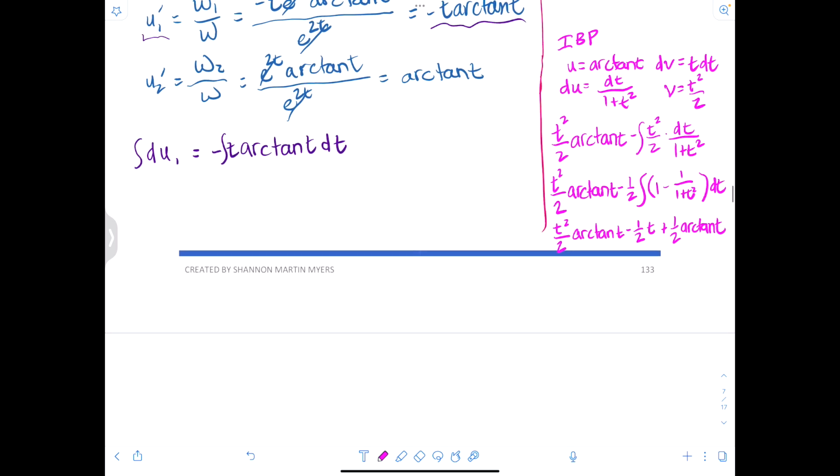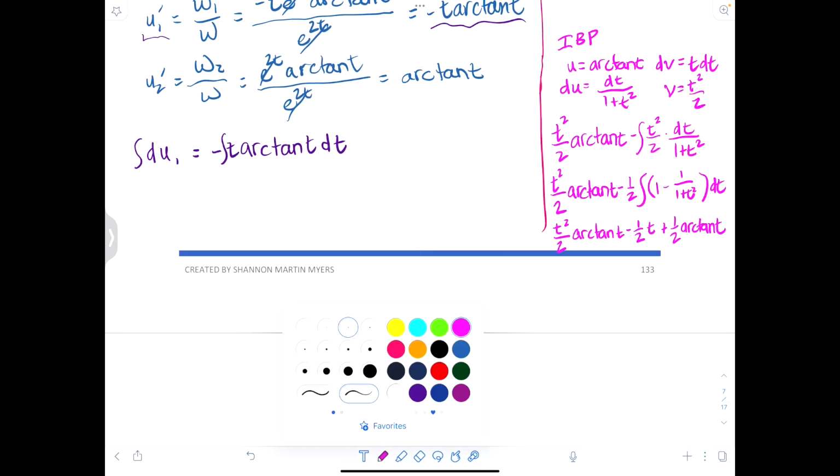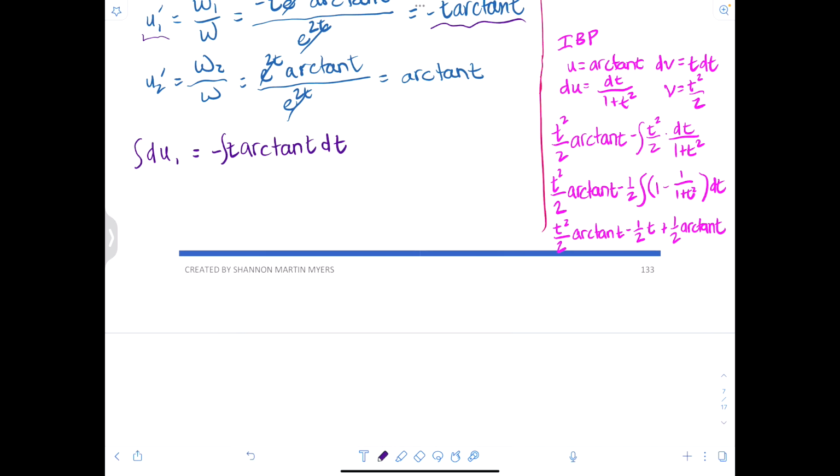A minus a minus. So I will get u1 equals negative, I'm going to say arc tangent of t over 2. Actually, I don't need this parenthesis.